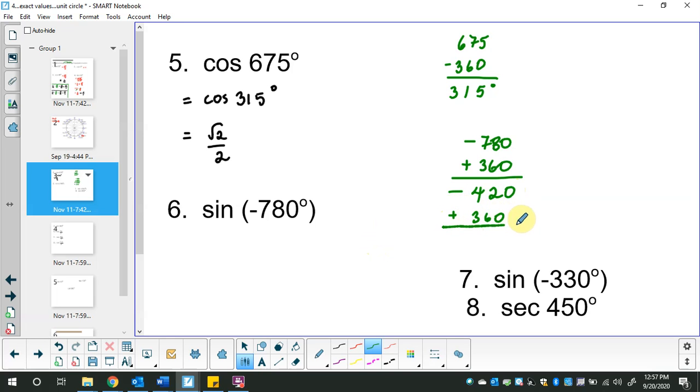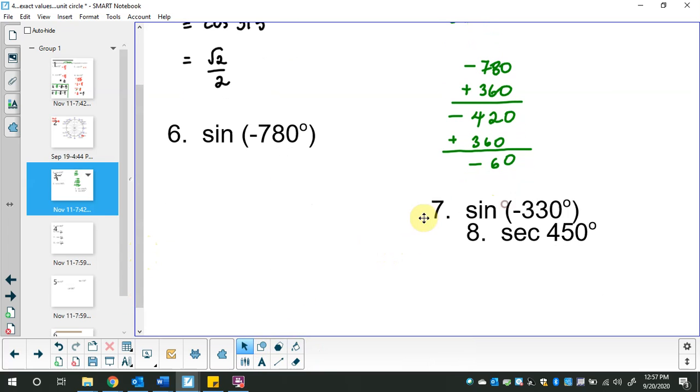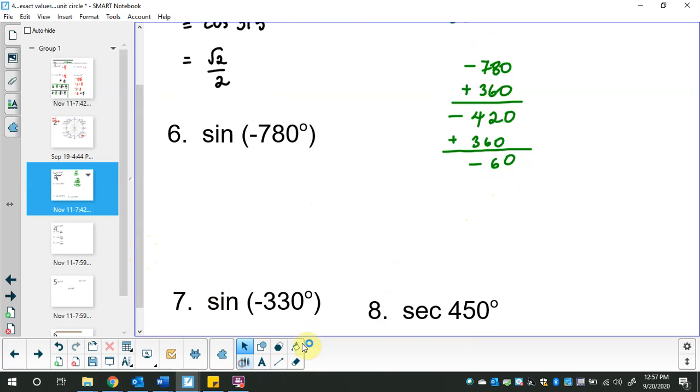So I'm just creating coterminal angles until I get to the point where it's on the unit circle. And negative 60 is still not on the unit circle. Some of you might be able to figure out that negative 60 degrees is on the unit circle. Some of you will want to just keep adding 360 until you are literally on the unit circle.